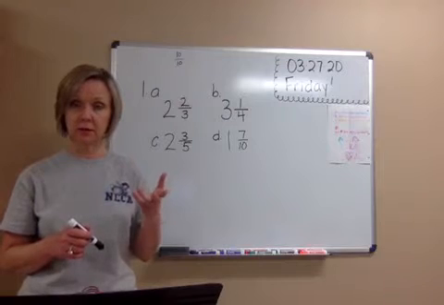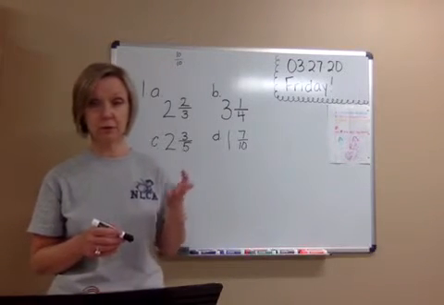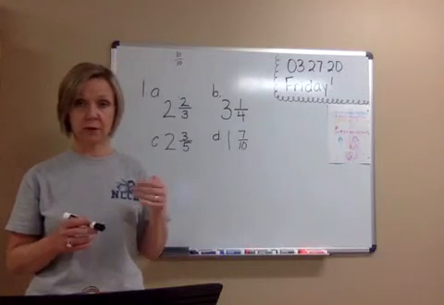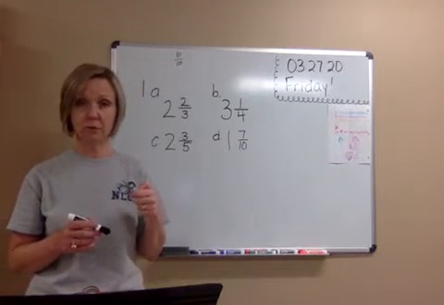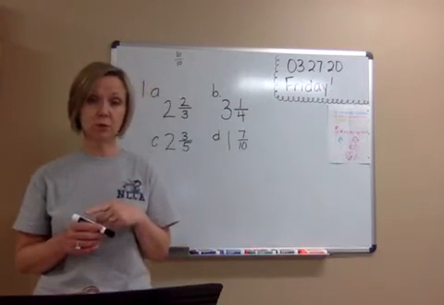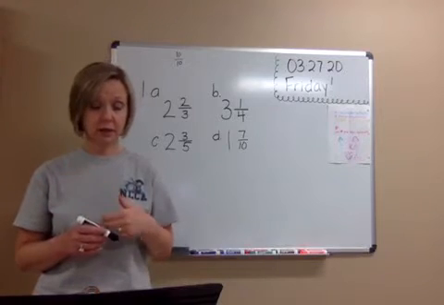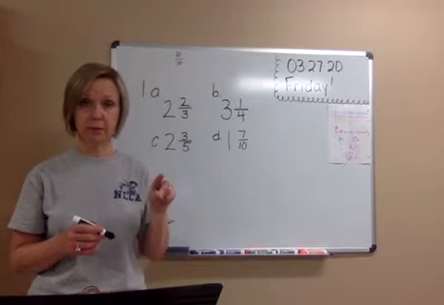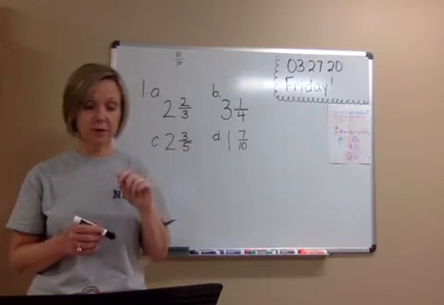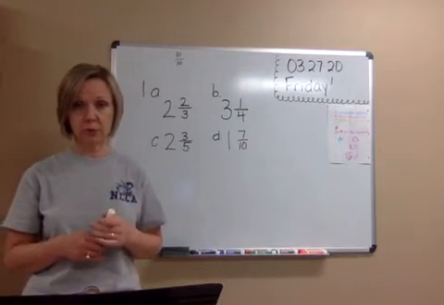So let me think. 3? No. 8's not divisible by 3. 4? Are both of those numbers on the 4 table? Sure. So you have 8 divided by 4 would equal 2, and 20 divided by 4 would equal 5. So you would have a 2 there in the first blank and a 4. And then we're going to circle the 4 because the 4 is the larger number there.